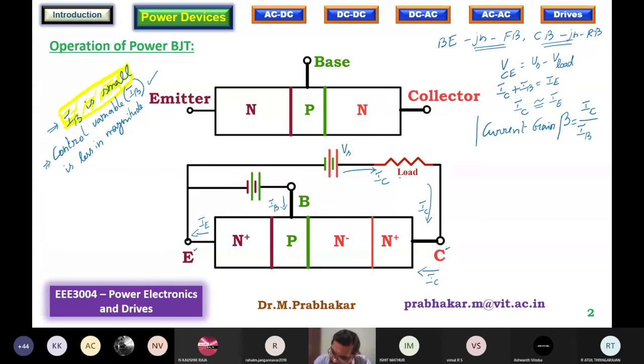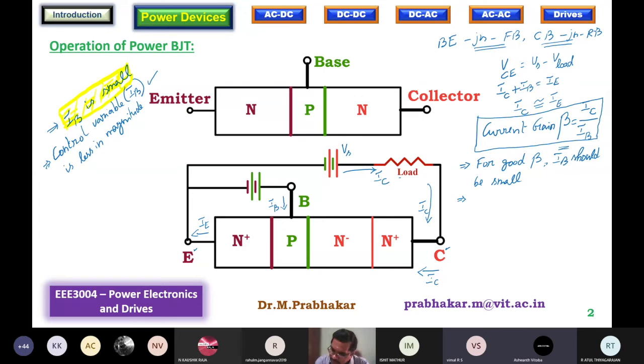Now, if you want to have good control, you should have a reasonable amount of current gain. For that, the base current should be small. For good current gain beta, IB should be small. Now, if IB should be small, what should be the thickness of the base layer? Please, simple questions. Less, that's all.